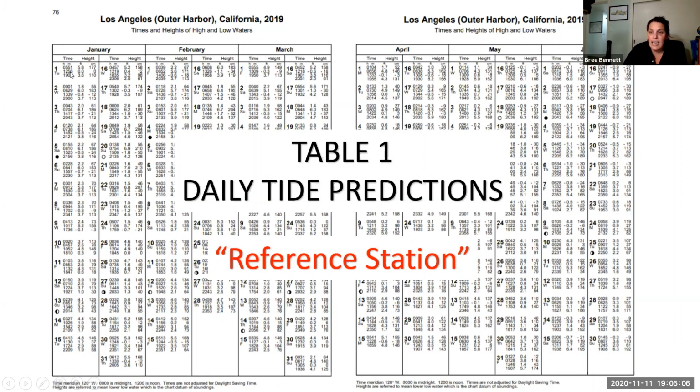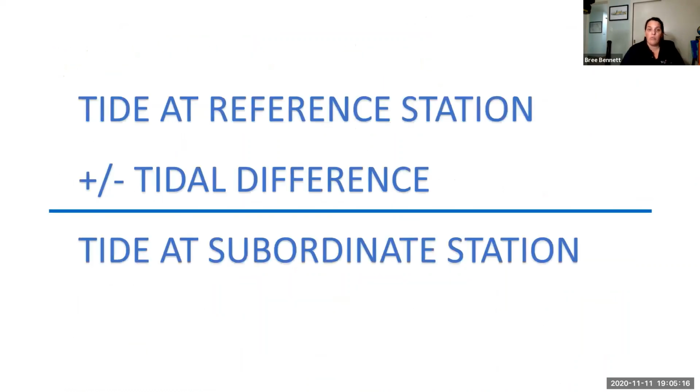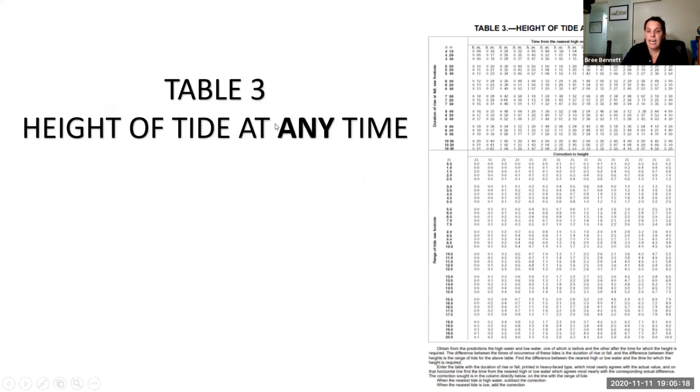Well, what's the tide at 8 o'clock? I know I'm not going to be out there at 5:51, but maybe I'll be out there at 8. What's the tide then? That's when we go to table 3 to find the height of tide at any time, not just the peaks, the high or the low. The tide at any time, we use this table.